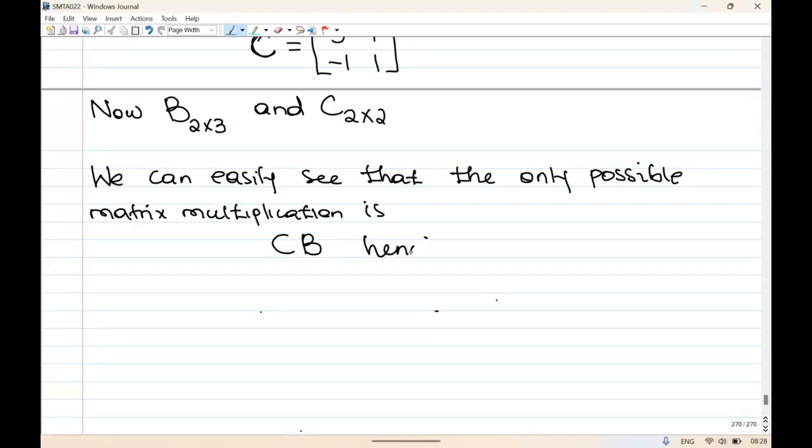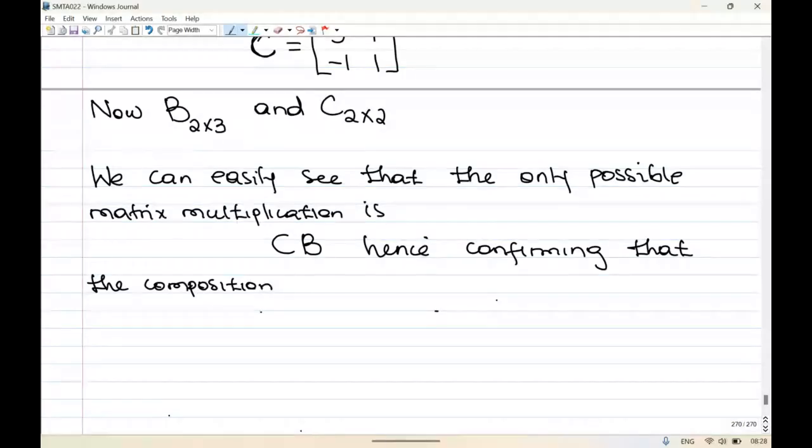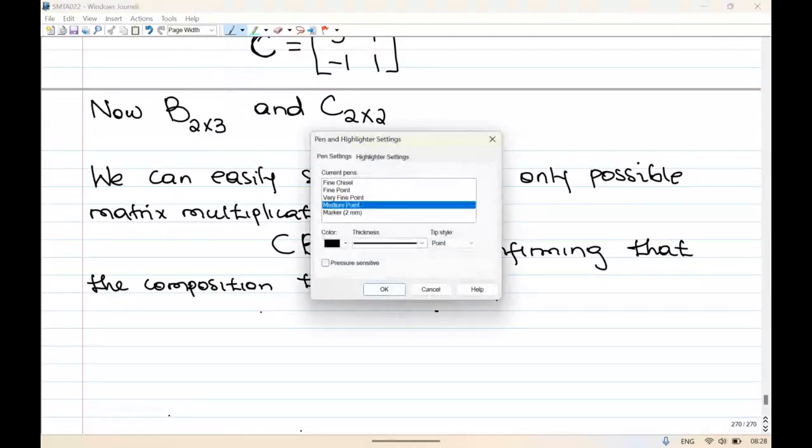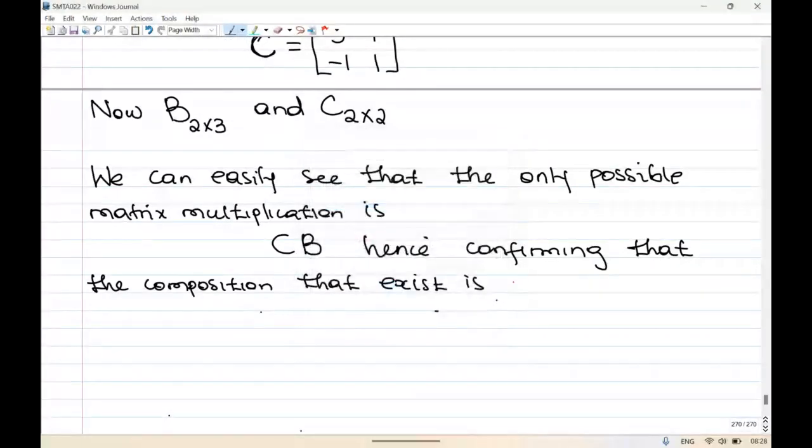Hence, confirming that the composition exists. We are referring to, remember the map we said as T is the one that we got that it exists.